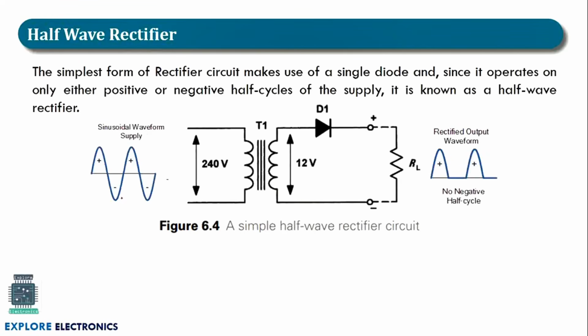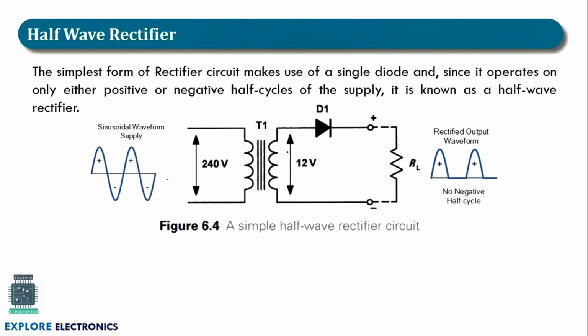So let us understand what a half wave rectifier is. In this circuit, you are seeing a simple half wave rectifier circuit, in which the input will be a 240 volts AC signal. Here you can observe this is an AC signal we are connecting as input to the transformer primary coil.